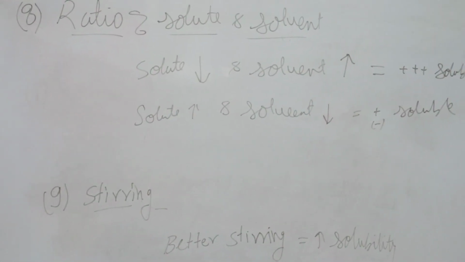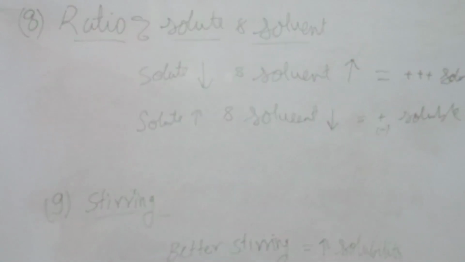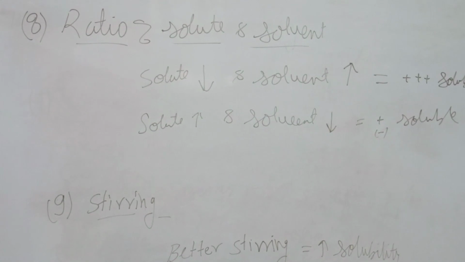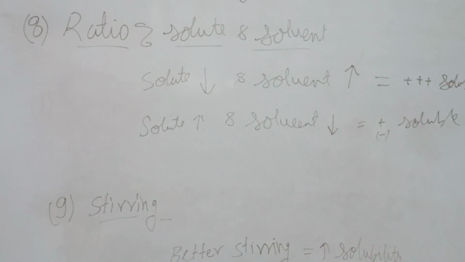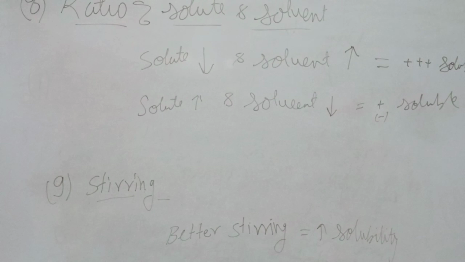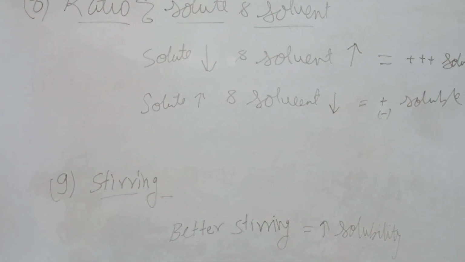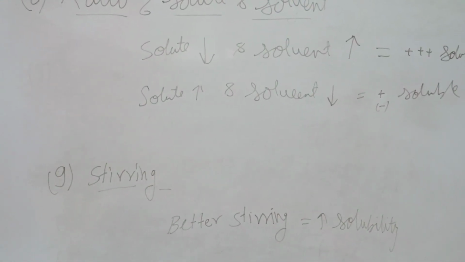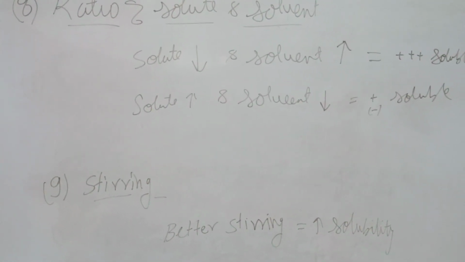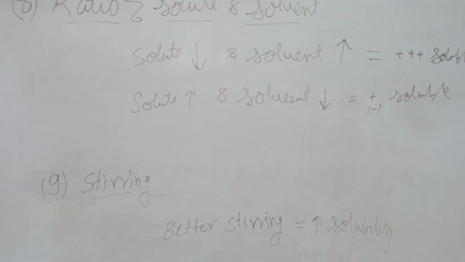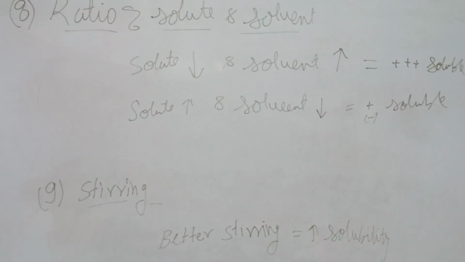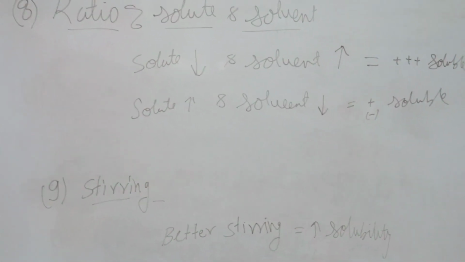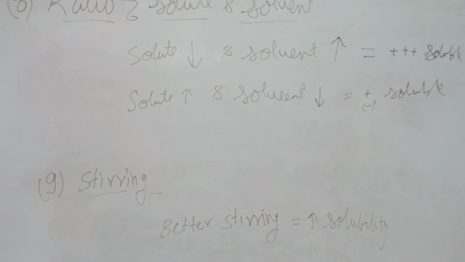So stirring helps not only in promoting the solubility, but also in reducing the saturation boundary produced around a solute. This is how stirring helps in dissolving a solute in a solvent, and how it acts as a factor which affects the solubility of a solute in a solvent.